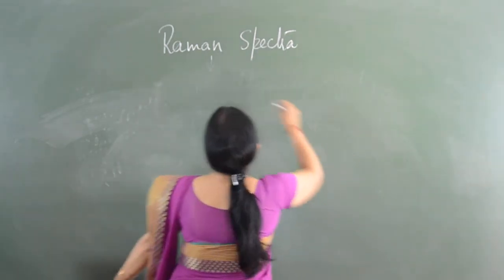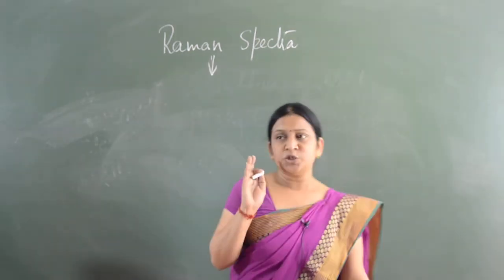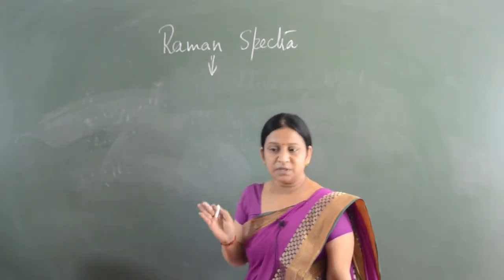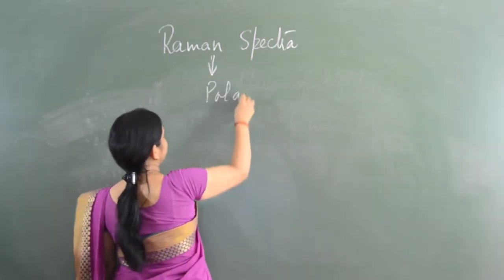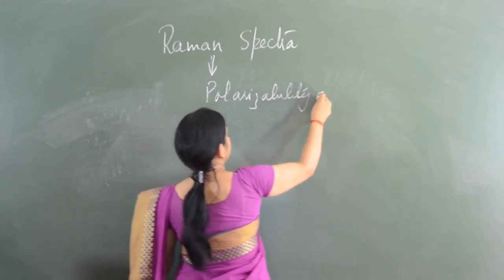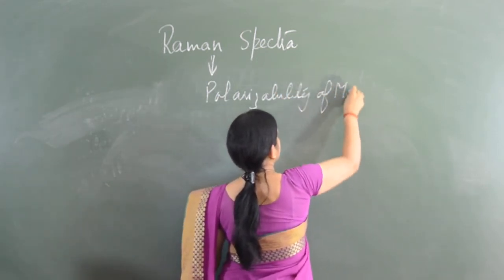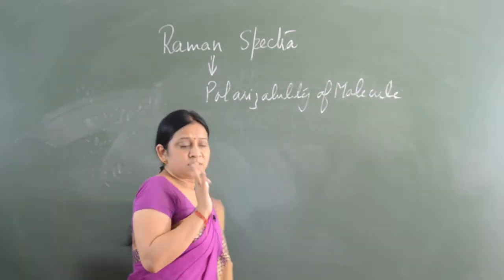Now, Raman spectra is given by molecules which show change in polarizability. Polarizability of the molecule is the criteria for a molecule to give Raman spectra.